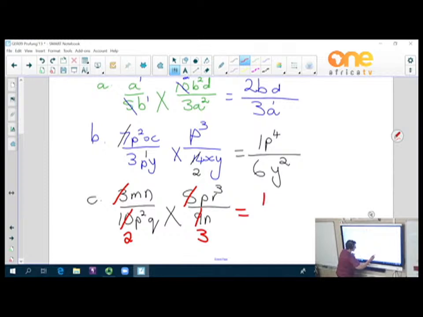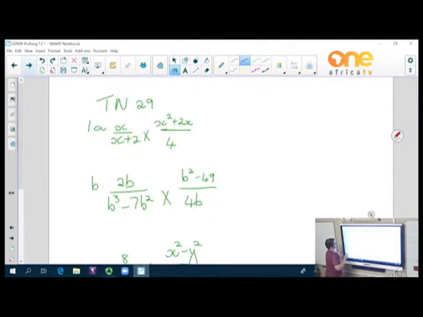So it means my numbers is again 1 over 6. Now I must take the letters. There's no m, so that m will remain. This n minus this one is 0. The r will remain there. And the p squared q will remain as the denominator. So that's then a very basic one on dividing.